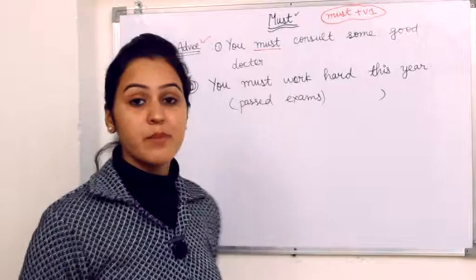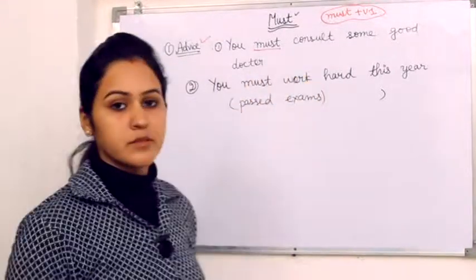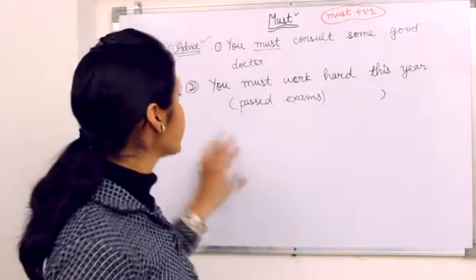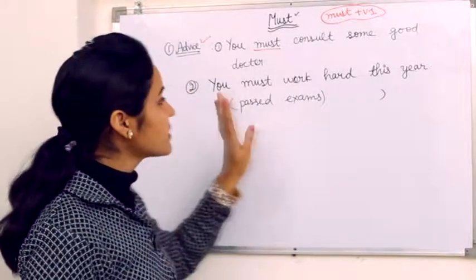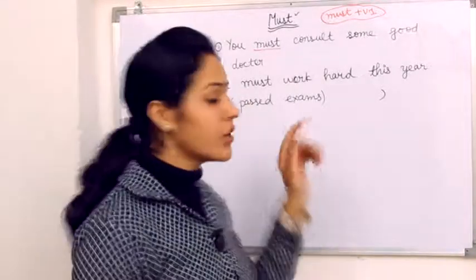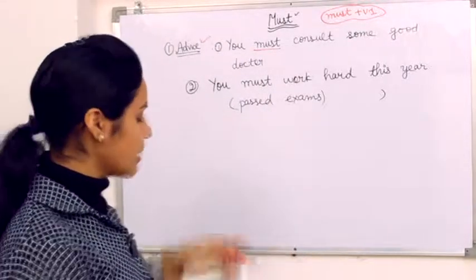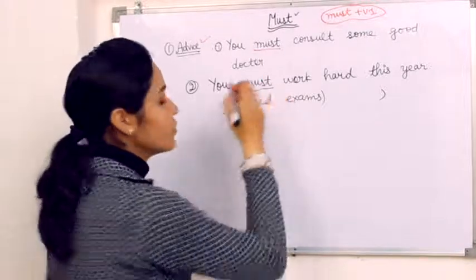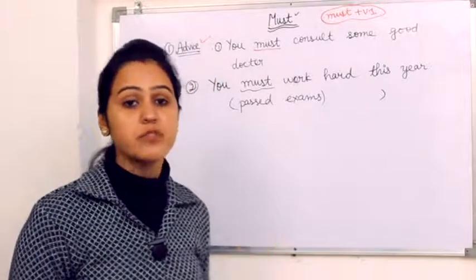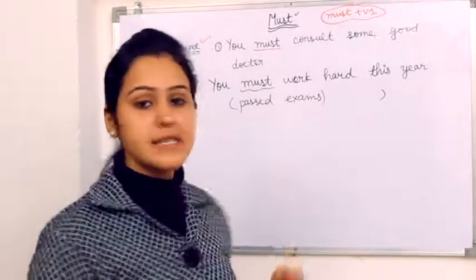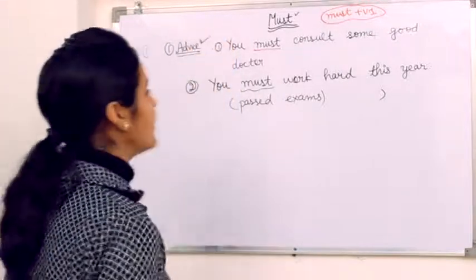This is probability about exams. So, you must work hard. In this situation, this is also advice, which means you must work hard, then you may pass. So, you also use must here. You have to work hard to pass these examinations. So, this is also related to the advice type.